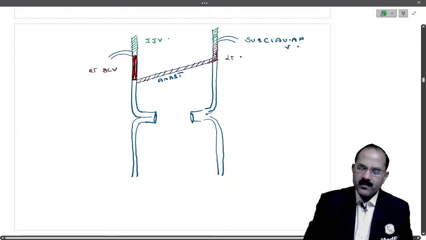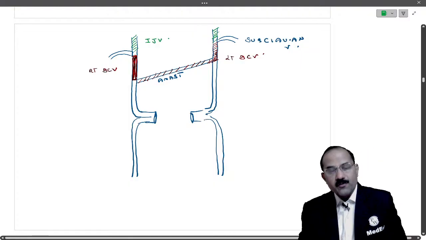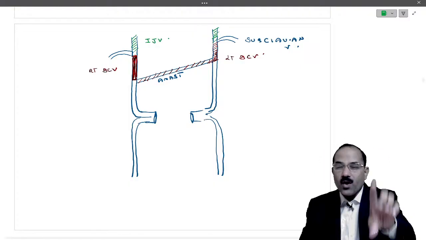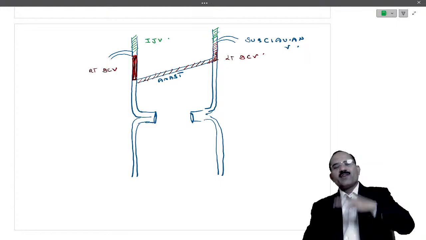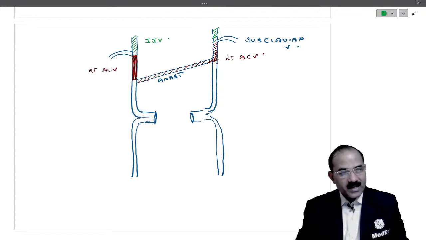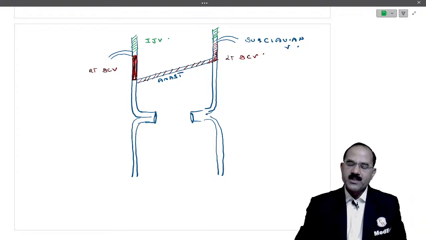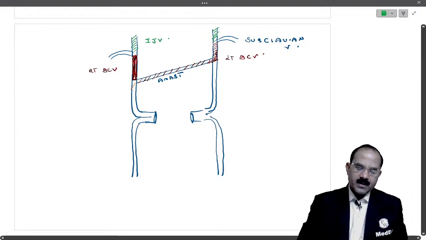This is going to form our left brachiocephalic vein. Clear? That is why the left brachiocephalic vein is always longer in length, because it is formed by the left anterior cardinal vein between the subclavian vein and the anastomosis itself.